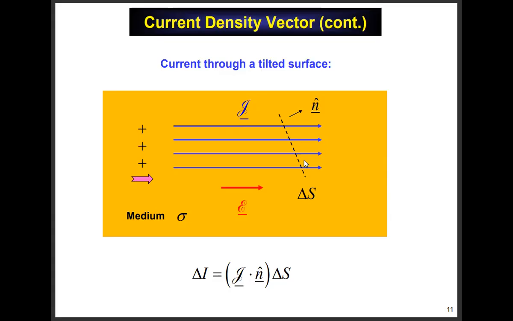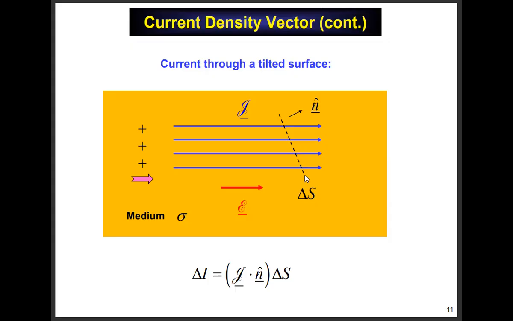Of course, you can say x, y, z components if you want. But here's another way of thinking about it. Take the J vector and think of it as broken up into two components. This blue vector is broken up into two components. One is in the direction of the normal, and one is perpendicular to the normal, which is another way of saying parallel to the surface. See that? You can always do that.